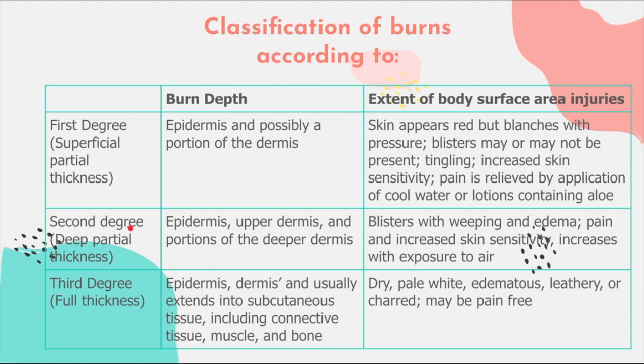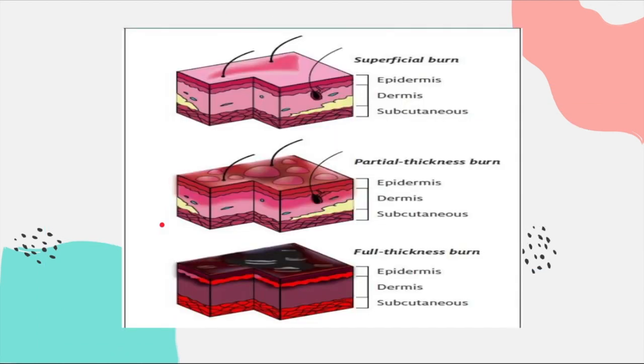Next is the 2nd degree burn, or the deep partial thickness burn, with the burn depth of the epidermis, the upper dermis, and portions of the deeper dermis. In this diagram, you can see that the entire epidermis has been affected, with part of the dermis affected as well in this partial thickness burn.